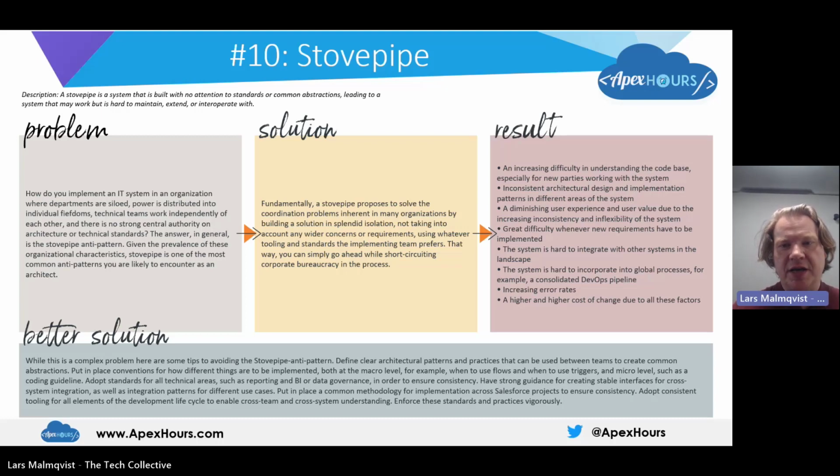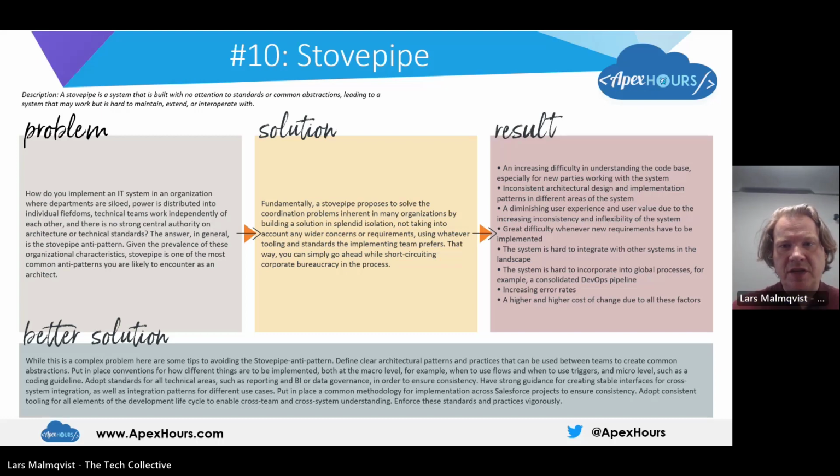However, as you start to scale and you start to need multiple users of the same platform, and let's be honest, for Salesforce, that's almost always the case, then this approach leads to increased complexity, higher cost of change, and difficulty with collaborating across different boundaries.